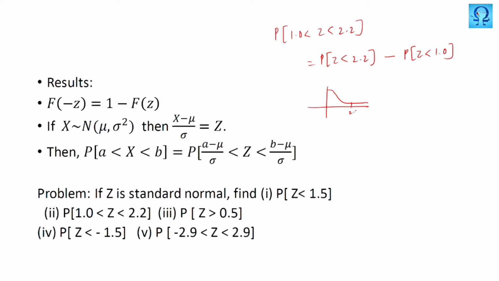Let this be 2.2 and let this be somewhere 1. We need only this area. But first we will calculate this entire area, and then calculate this area. From the green, if we subtract blue, we will get red. This is what we are going to do.